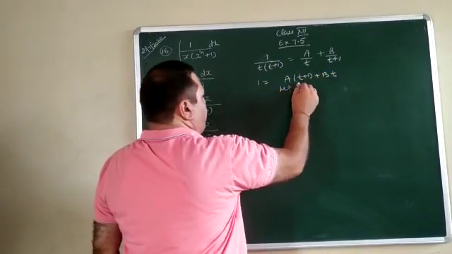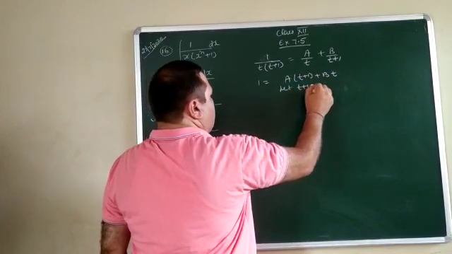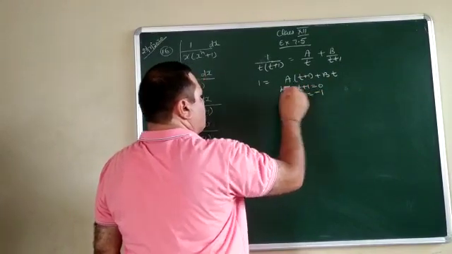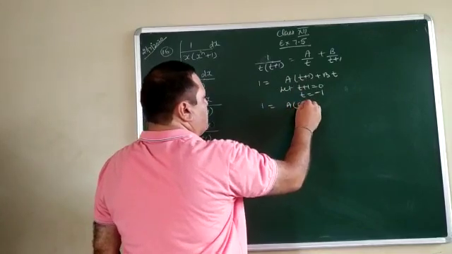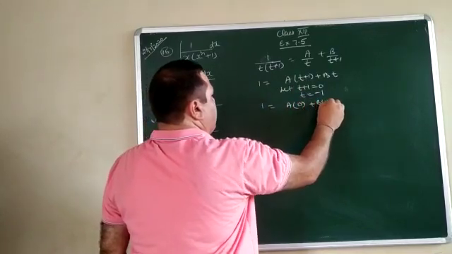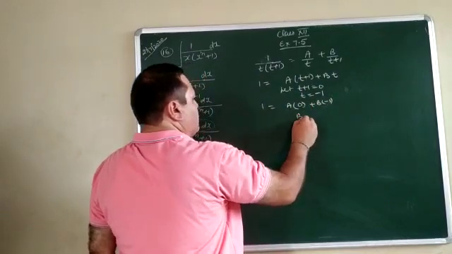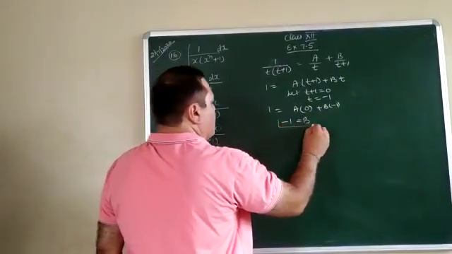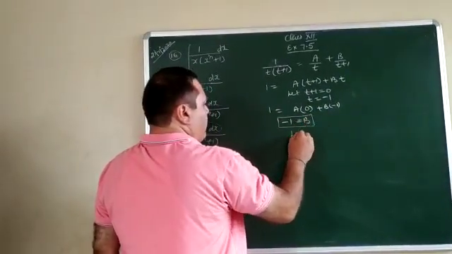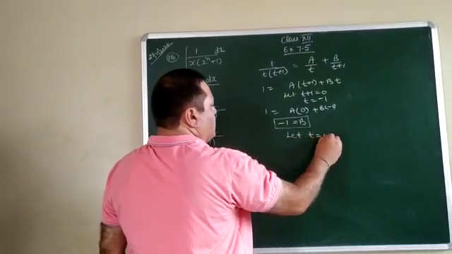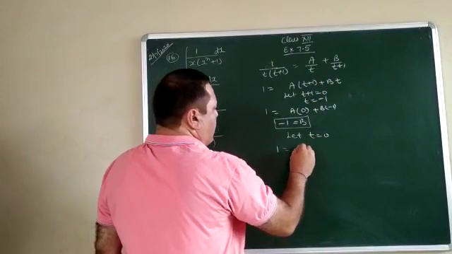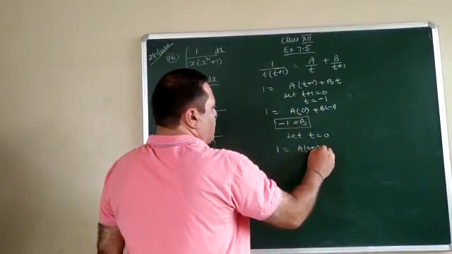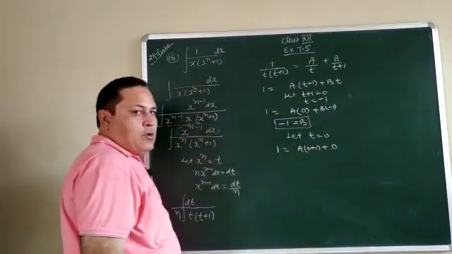Let t plus 1 equal 0, so t equals minus 1. Then 1 equals a into 0 plus b into minus 1. So the value of b is equal to minus 1. Now let t equal 0, the second factor. Now 1 equals a into 1 plus b into 0.